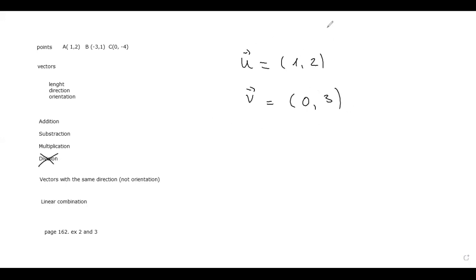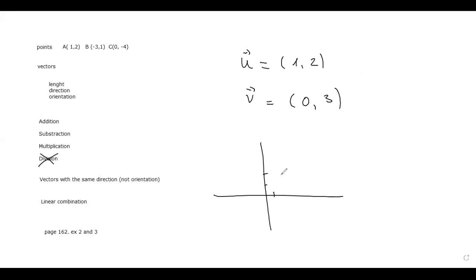Okay, you have these two vectors. I can express any vector I want if these two vectors don't have the same direction. I can write any other vector as a linear combination of these. Which means, for example, this is u.